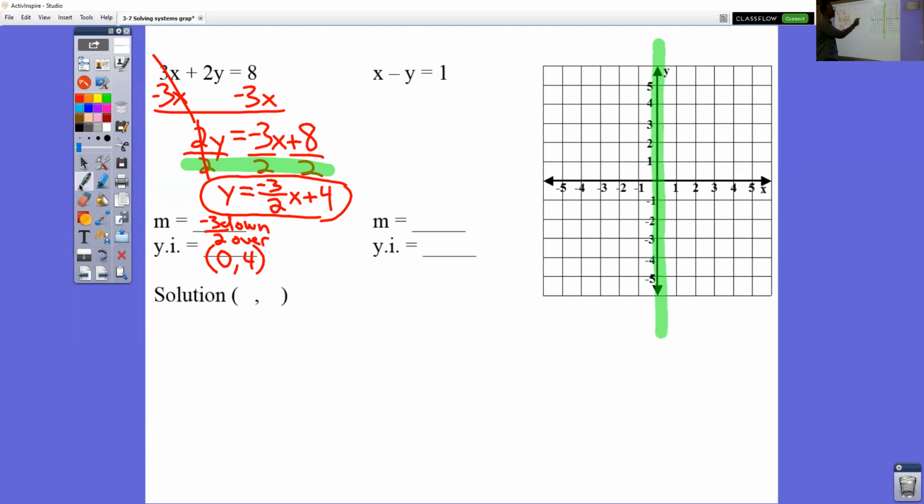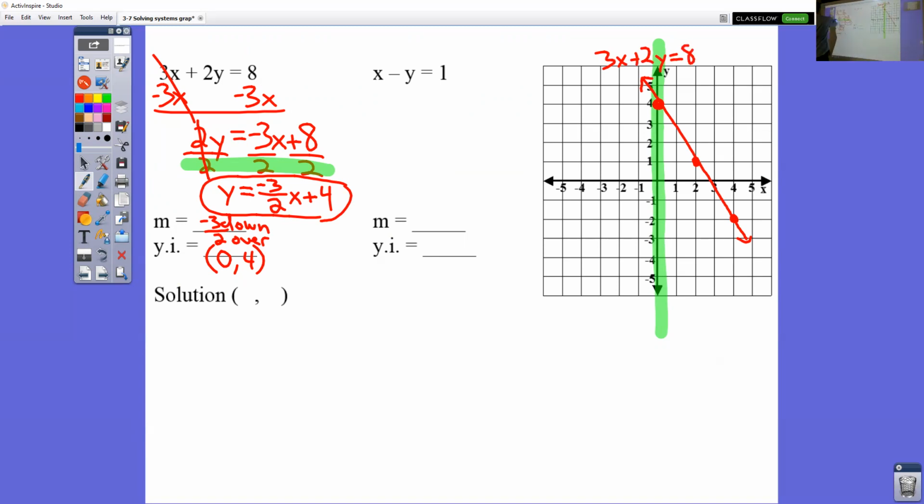So 0, comma 4 is right here. Following my slope, down 3 over 2. Down 3 over 2. Remember, we always go over to the right. Down 3 over 2. Connect my dots. Put my arrows on my ends and label my line.